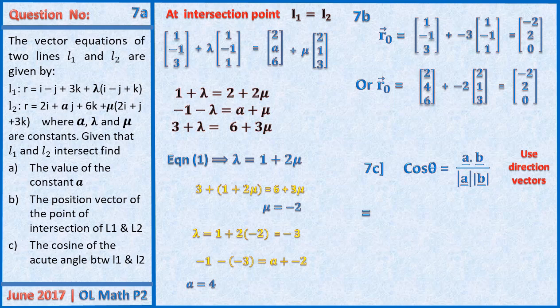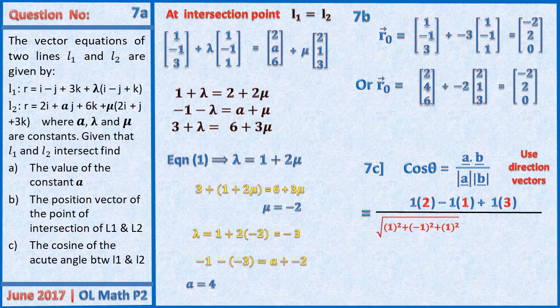So A dot B gives us (1, -1, 1) times (2, 1, 3), all over absolute of A times absolute of B. When we simplify, we have 4 all on root 3 root 14, and that gives us 4 over root 42. So that is the cosine of the acute angle between the lines 1 and 2.